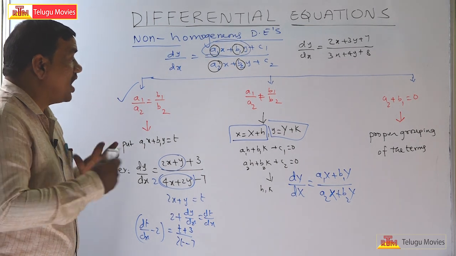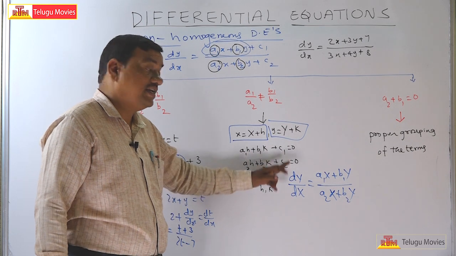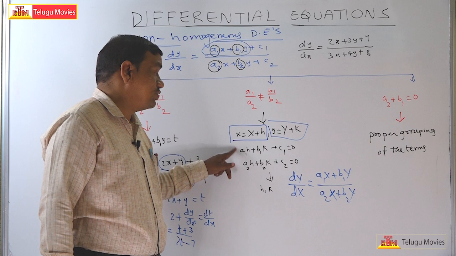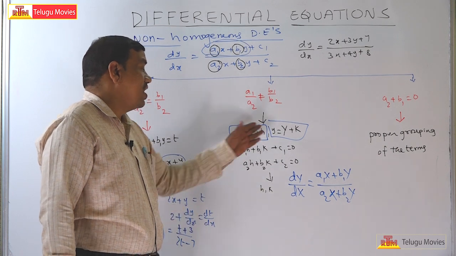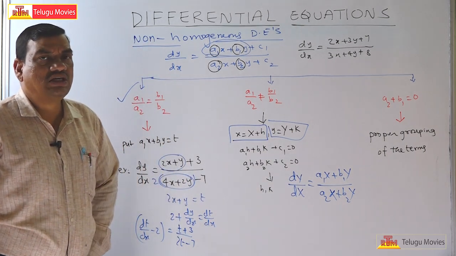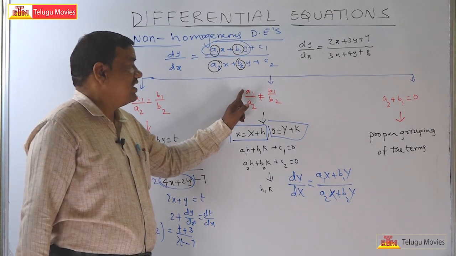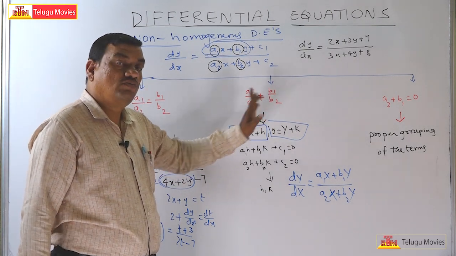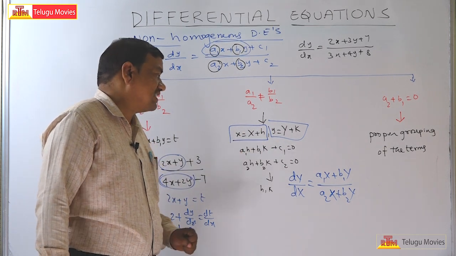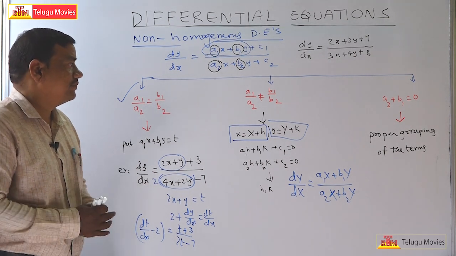Then you have to solve these two equations, and h and k you will get. After substituting h and k, you will get the solution. So this is a somewhat typical method, but one thing you remember: whenever a1 by a2 is not equal to b1 by b2, your substitution is small x equal to capital X plus h, small y equal to capital Y plus k. This is the second one.